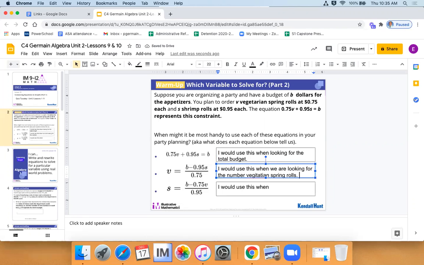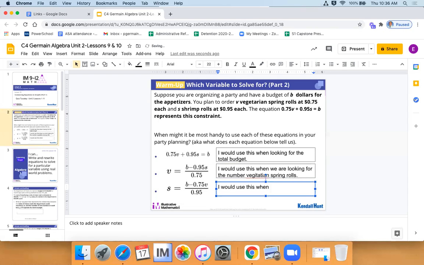We would do that when we know our total budget. So to solve for V, we would need to know the total budget and the number of shrimp spring rolls. Good. Then when would we use this S equals (B minus 0.75V) divided by 0.95? Yes, nice job, Meryl.